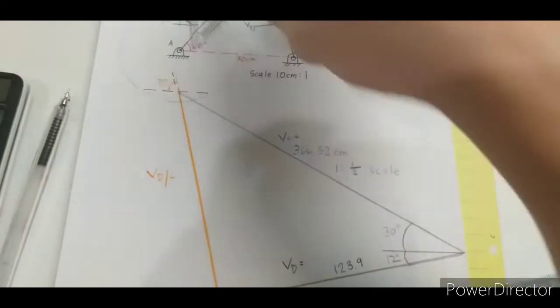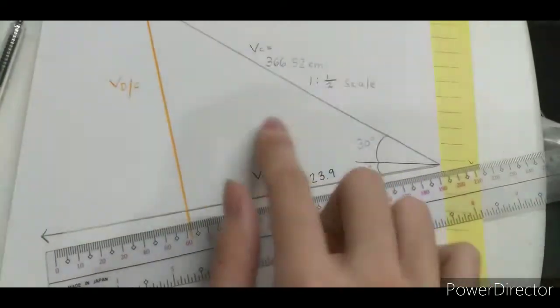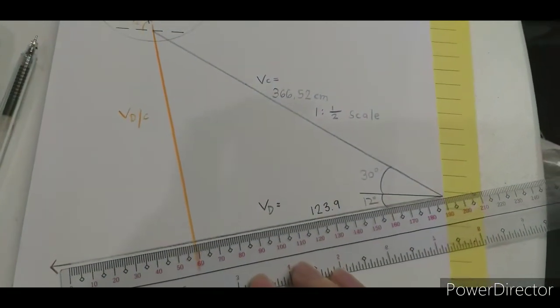And then we would measure where this would intersect, and we would have here the velocity of D.